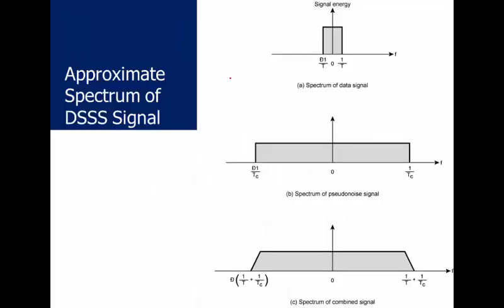The idea is very similar, but only the function is different, whether it is analog data or digital data. The idea here is DSS signal is given this signal energy, then it can be spread out like this. Okay.